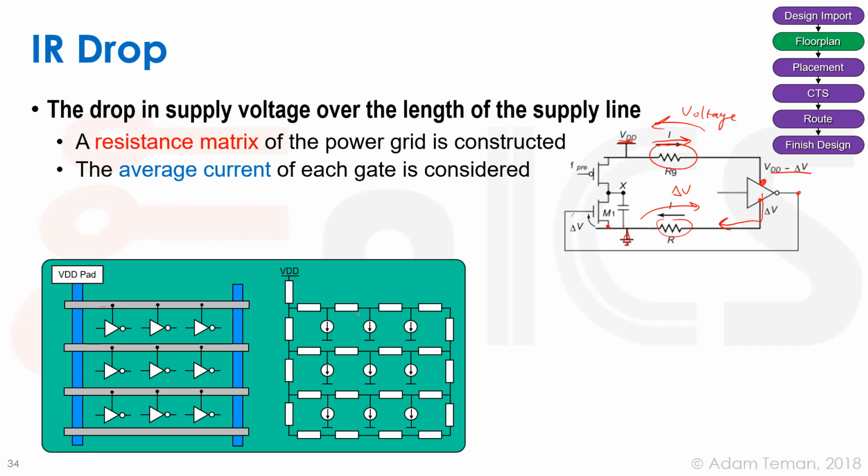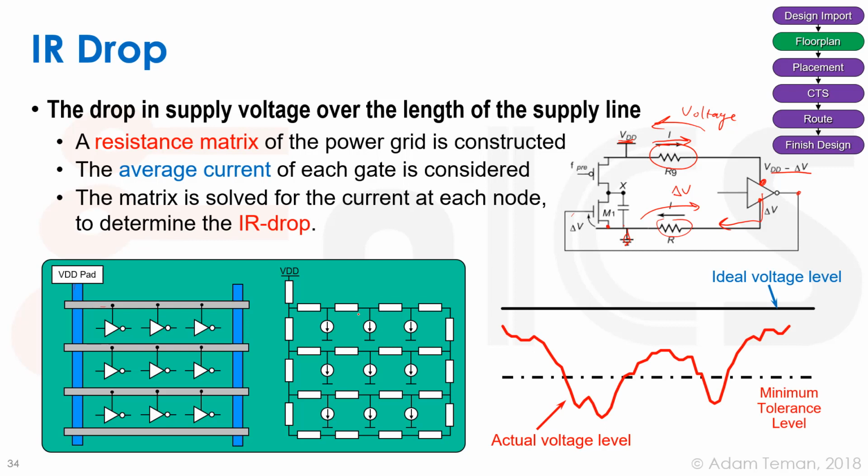Then we can solve the matrix and find out for every point on the design what the IR drop is, either in an average case, which we usually call average IR drop, or on a dynamic basis when there is actually some sort of a vector that changes inside the design. We see that there are these dynamic things that can happen, especially in a digital design. After a rising edge of the clock, everything starts toggling, and that can cause these instantaneous voltage droops to be really bad.